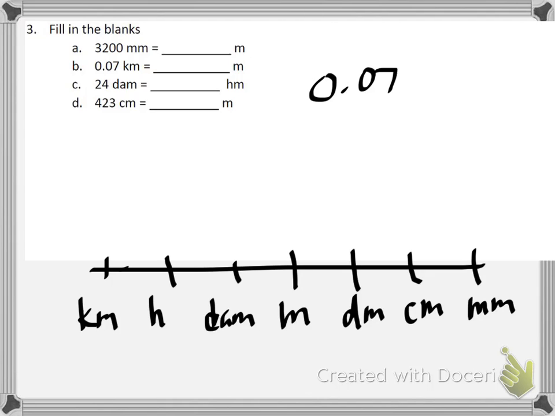So we're starting at kilometers, and we're going to meters. So we're going 3 places to the right. So we can move our decimal point 3 places to the right, and we get 70 meters.